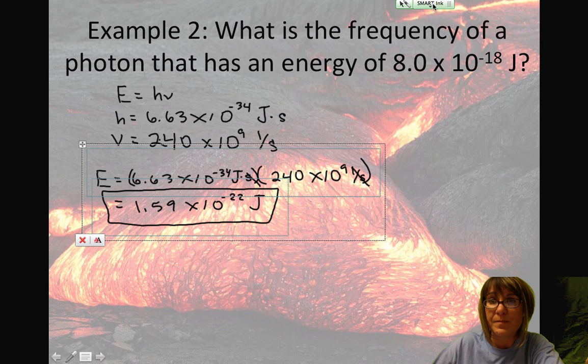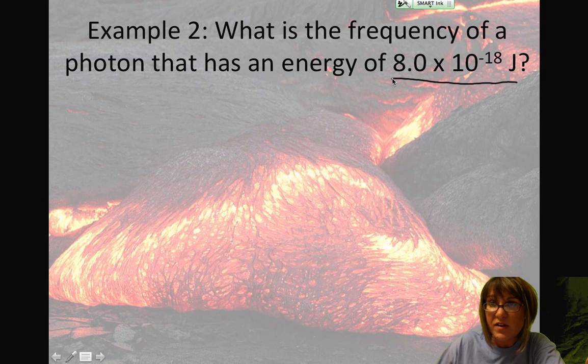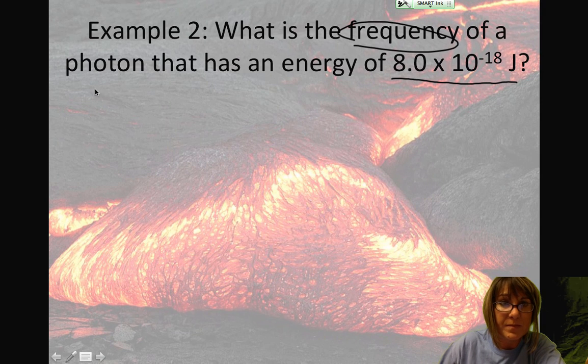Let's try another one. This question's asking, what is the frequency of a photon that has an energy of 8.0 times 10 to the minus 18 joules? So I'm solving for frequency, that's my target, and my equation is that E is equal to h times nu, Planck's constant times the frequency.